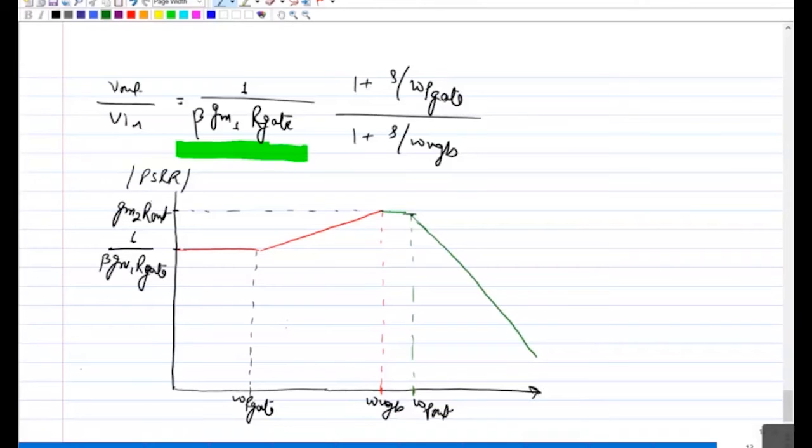And the same thing will happen when you make the output pole dominant. So when you make the output pole dominant, what will happen? It will remain flat until UGB, and after that it will start dropping.